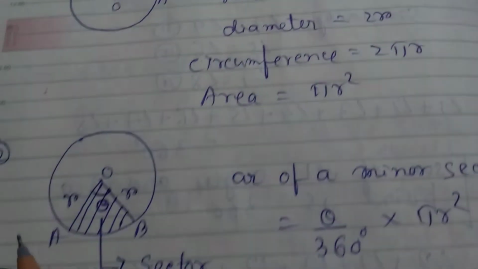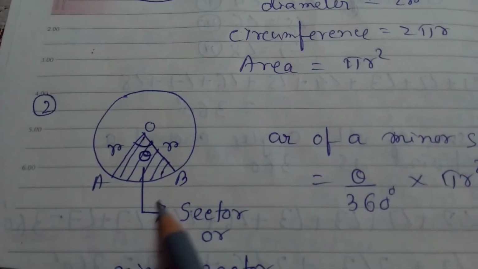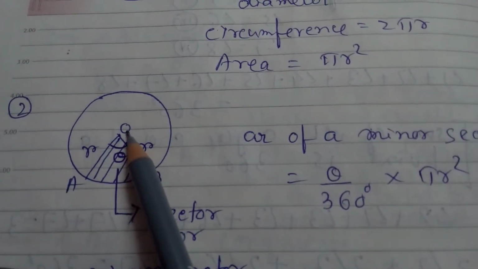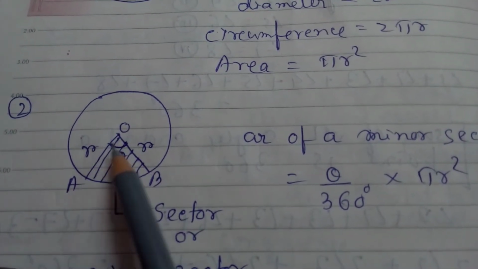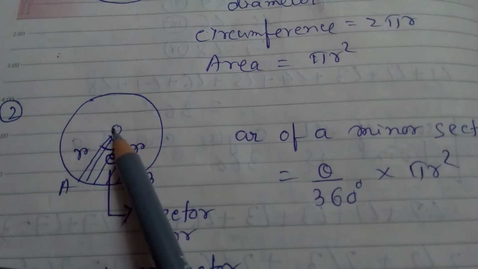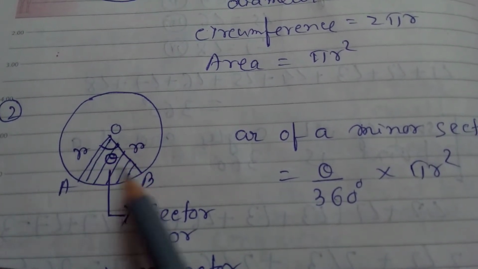Now point number 2. This is a circle whose center is O, and OA and OB are two radii and angle AOB equals theta.